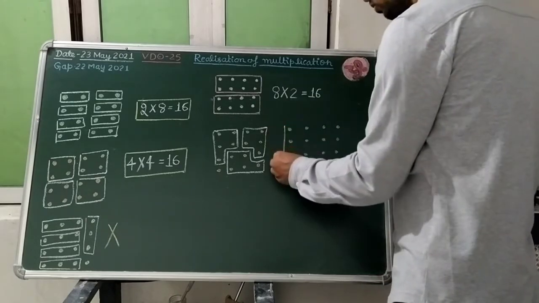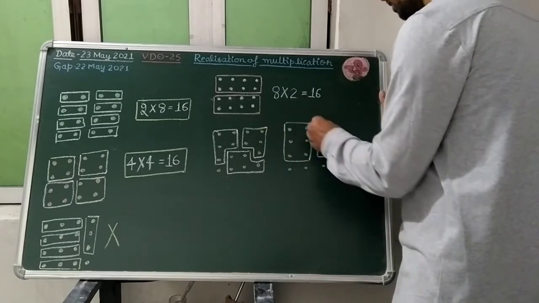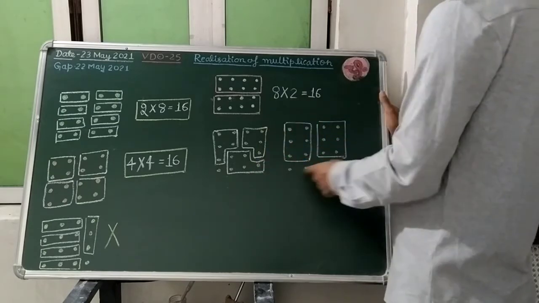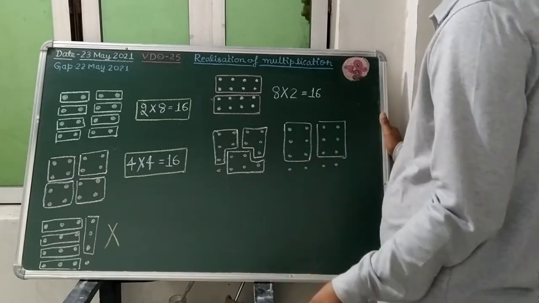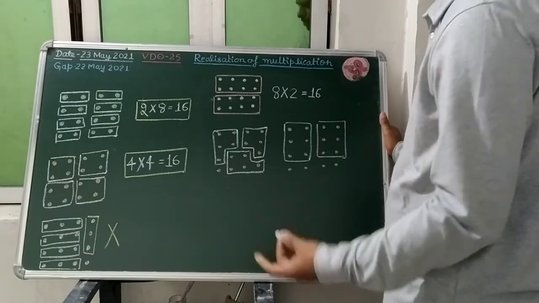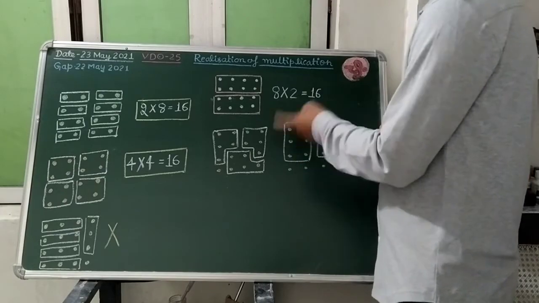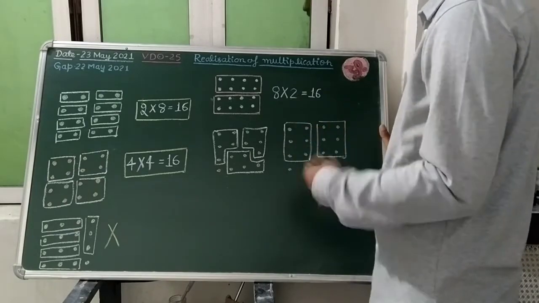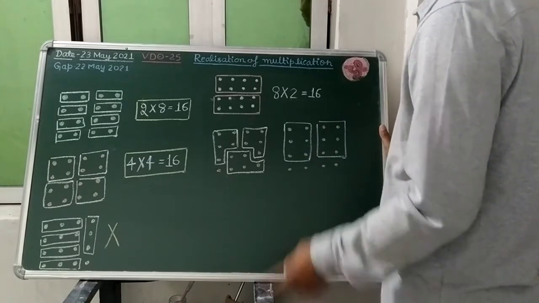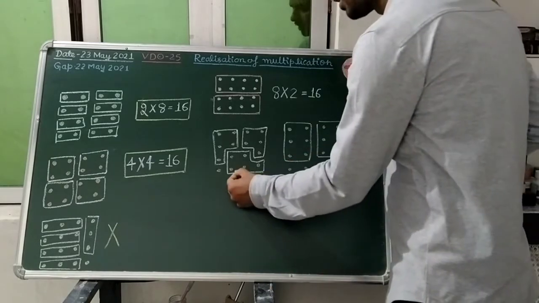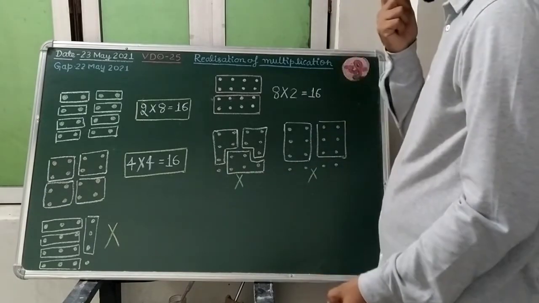So one group is here of 6 dots, one group will be here of 6 dots, but these 4 dots will be left. Can we group them in 6 dots? No. So what can you observe? 2 groups of 6 dots, meaning 6 2s are 12, and these 4 dots will make 16. Of course we will not select these ones as well, as we can't group all the dots.